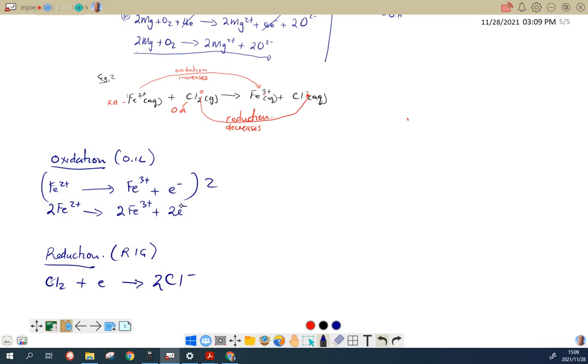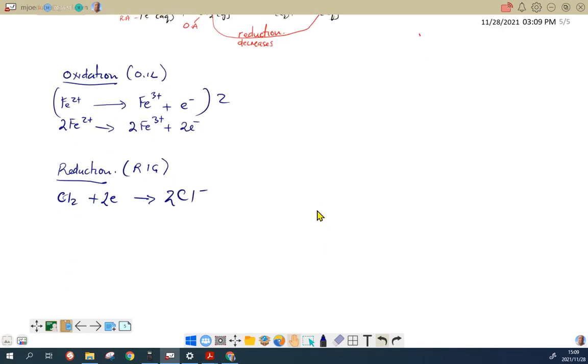So that means now these 2 electrons are now available to come and be gained by the chlorine. So now each chlorine gains an electron, so these 2 electrons are enough to satisfy the needs of the chlorine to give you the chloride. So when you look at this, it looks balanced. Each of those species now has the necessary number of electrons that it needs.